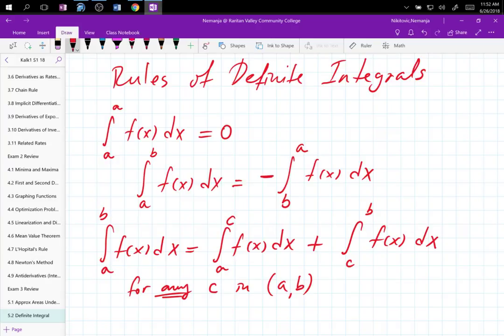Technically, what the third rule says is you can cut your interval.